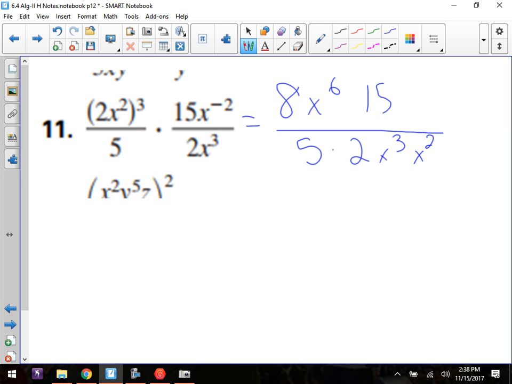It's always easier to start with your numbers. 4 times 3 is 12, and this becomes x to the 5th. X to the 6th over x to the 5th, who wins? So, 12x. And there's your answer.